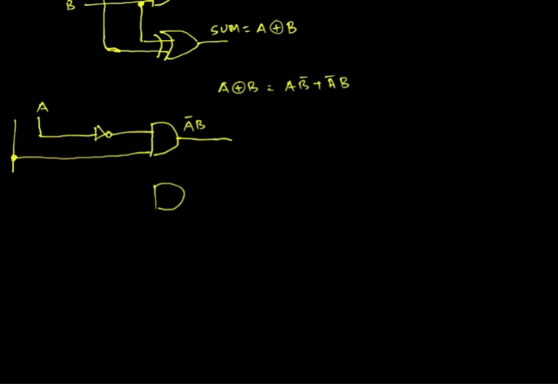For that, A is directly given to this AND gate and B is given to this gate through a NOT. So here we will have A B complement. Now these two have to be given to an OR.